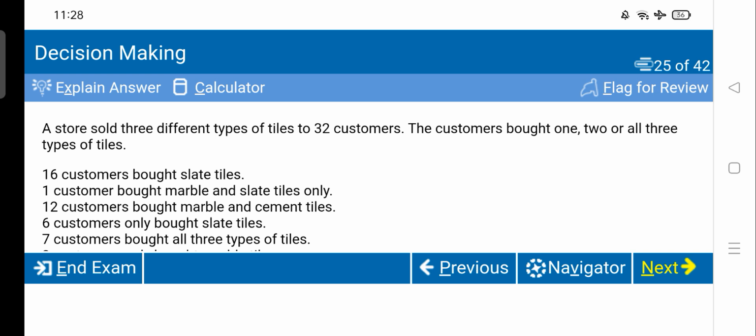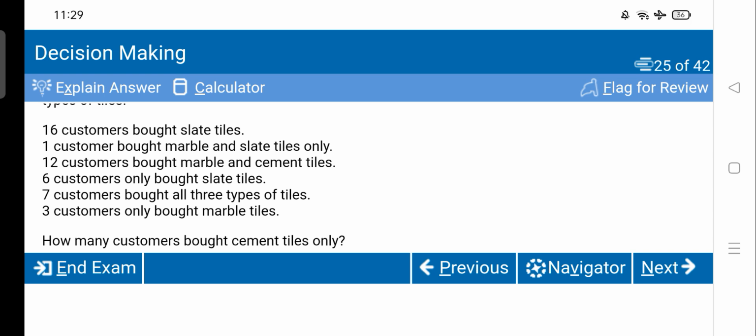The customers bought one, two, or all three types of tiles. 16 customers bought slate tiles, and one customer bought marble and slate tiles only. 12 customers bought marble and cement tiles. 6 customers only bought slate tiles. 7 customers bought all three types of tiles, and 3 customers only bought marble tiles.